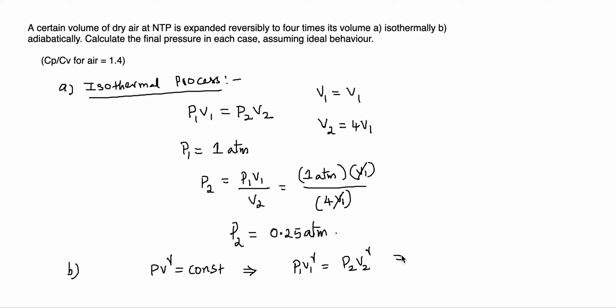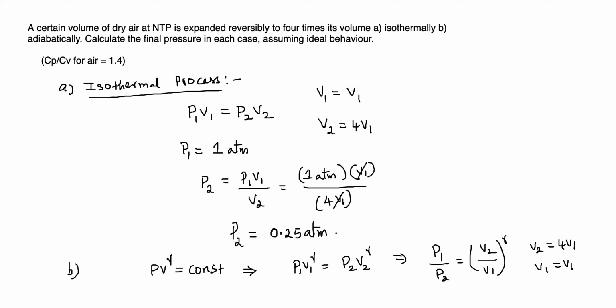And if we simplify, we get P1 divided by P2 equal to V2 divided by V1, to the power gamma. What should we do here? We know V2 is 4 times V1, and we know P1 is 1 atm.